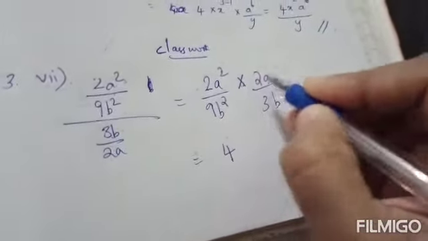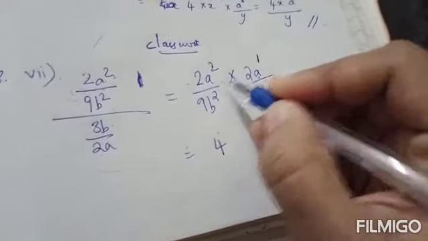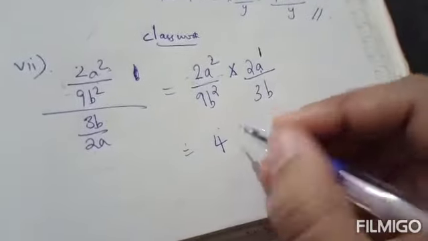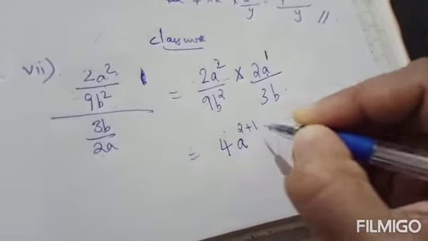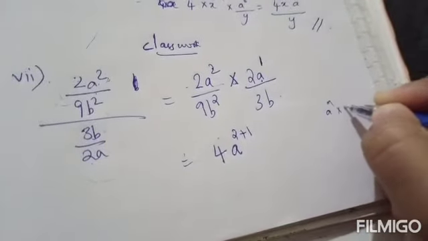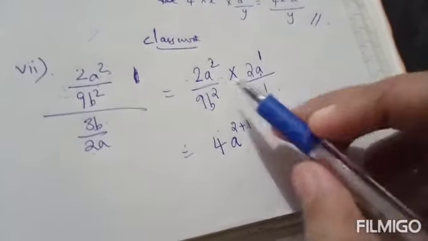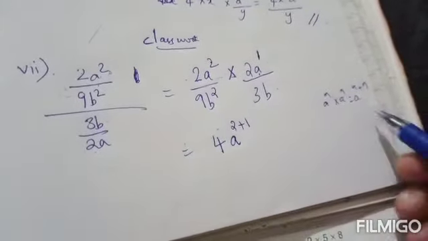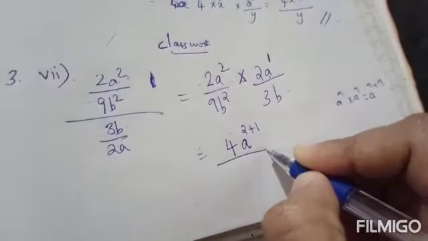A square into a means a square into a raised to 1. So what it will be? A raised to 2 plus 1. Okay, a raised to m into a raised to n equal to a raised to m plus n. Therefore, a raised to 2 into a raised to 1 is a raised to 2 plus 1.